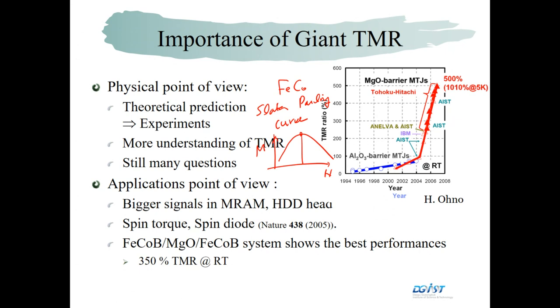This is the alloy of cobalt iron. That means the spin polarization of this alloy is getting larger. So the TMR also obtains a large value at this alloy composition.